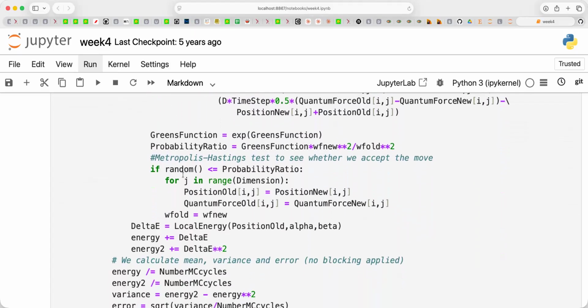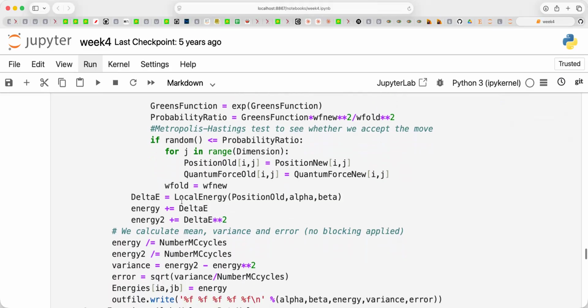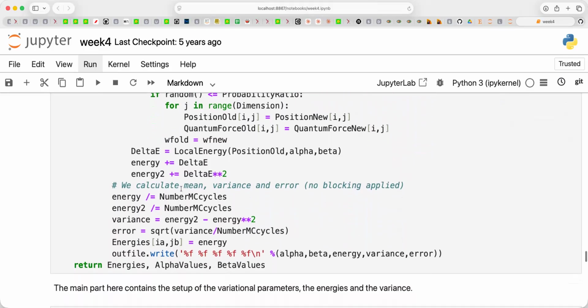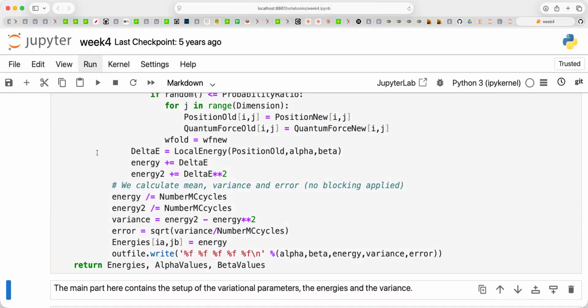So with that, if I accept it, this is just a standard Metropolis test. If I accept it, I update the old position to be the new one. And the same with the quantum force. I set the wave function, the old one, to be the new one. And then I calculate the update to the local energy. I update energy and energy squared, and then I finally calculate the final averages.